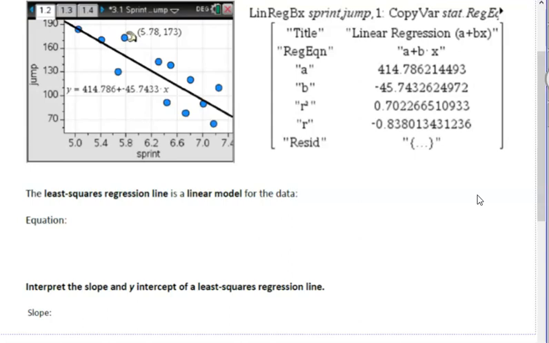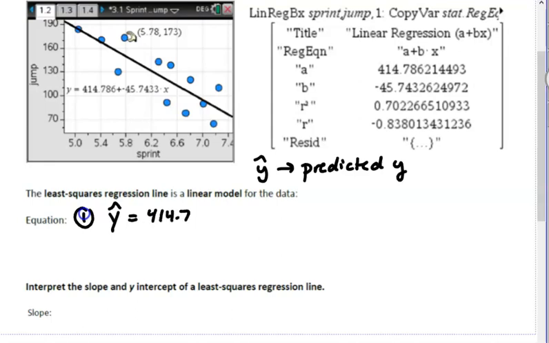One way I can do it is just write the equation, but I'm going to put a hat over the y. That means predicted y. So when you see y hat, it means the predicted y value. Predicted y is equal to 414.786 minus 45.743x.